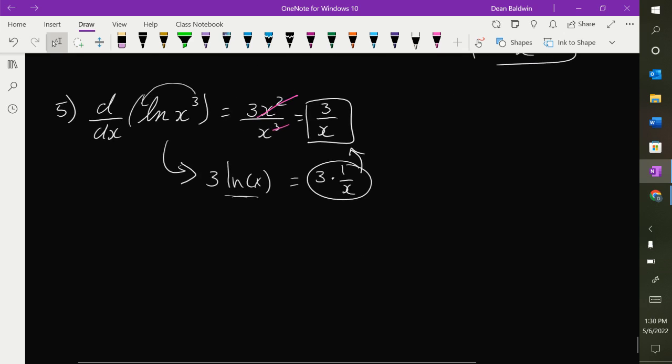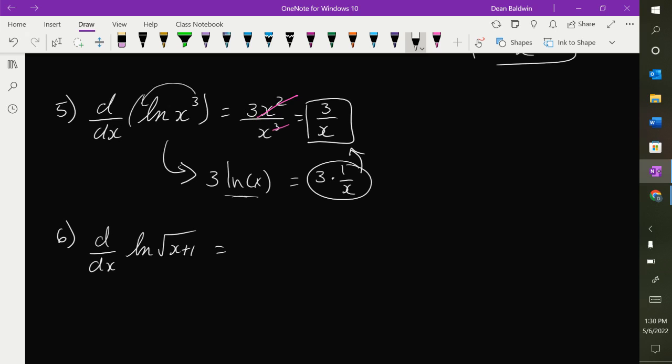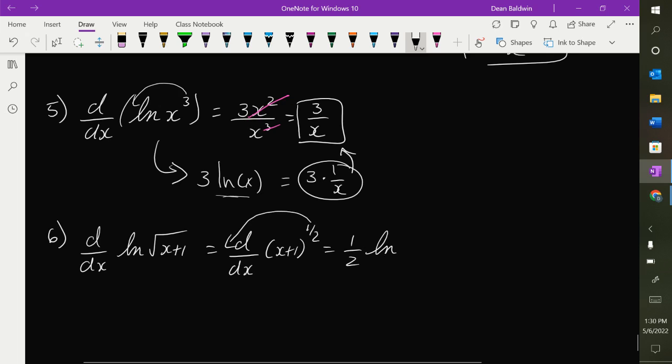Okay, now, knowing your log rules allows you to solve more complex derivatives. So if I have, I'm asking for the derivative of the root of x plus 1. First of all, we don't like roots, so we rewrite it as an exponent. Then we use our log rules to drop the 1/2 down.